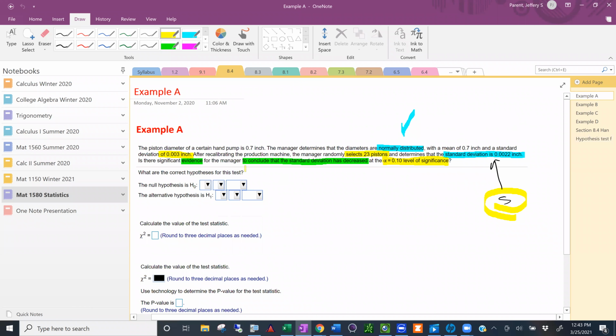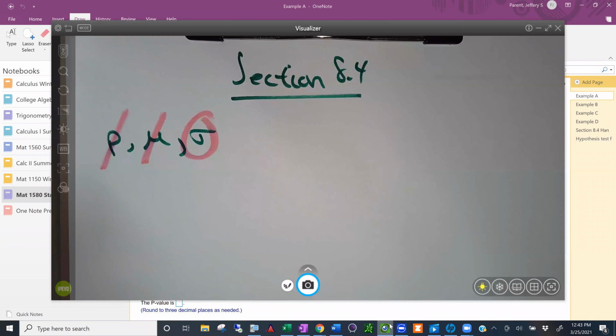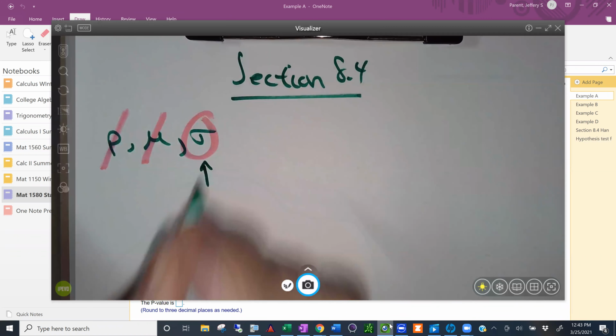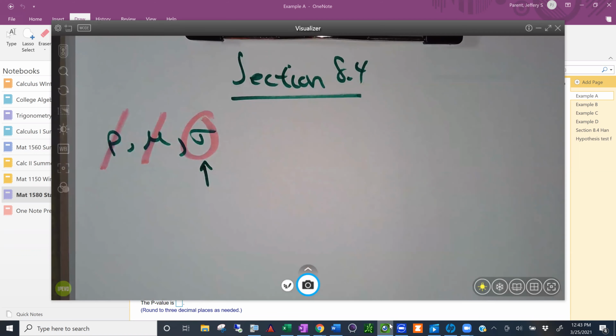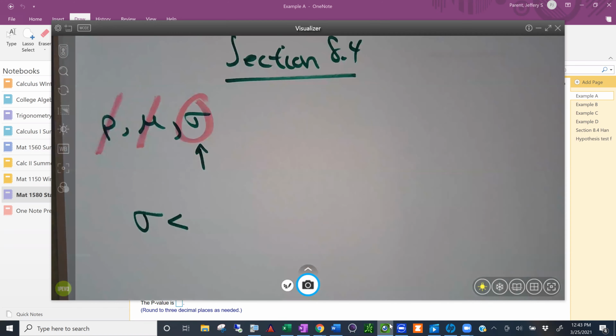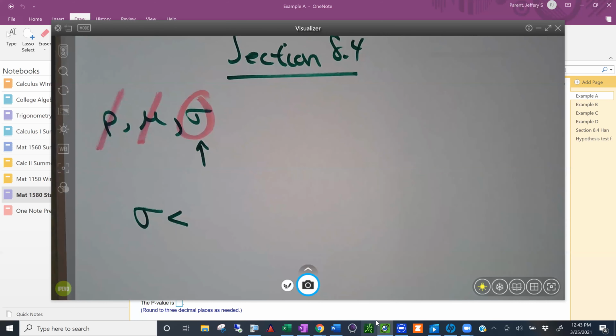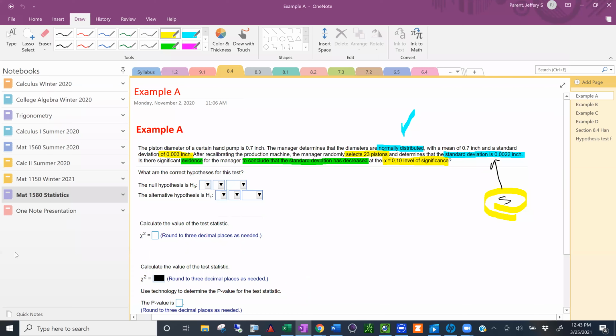But they did ask us at the end if there's evidence to conclude that the standard deviation has decreased. One thing for sure is that that's a big hint that you're testing a claim about a standard deviation. The other thing is that we're looking to see if it's decreased. So whatever the standard deviation is, it's less than it was. That's kind of a clue there.